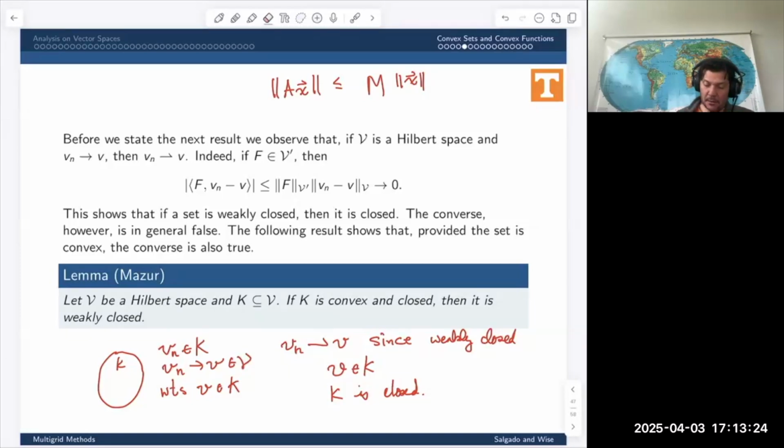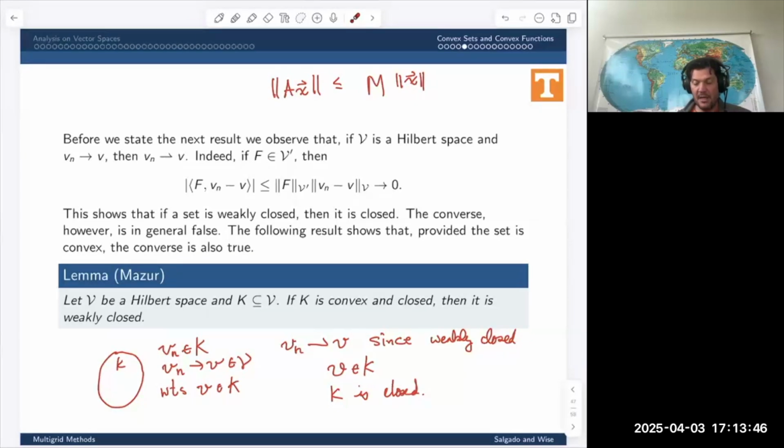If the set is both convex and closed, then it turns out to be weakly closed. This is going to be a very important point for us in convex analysis.